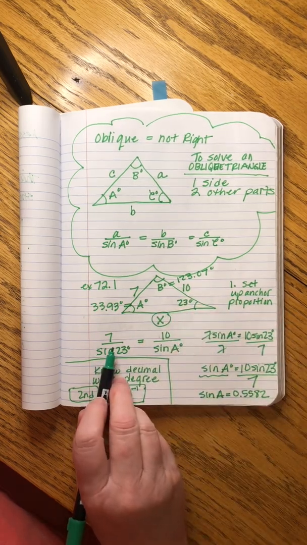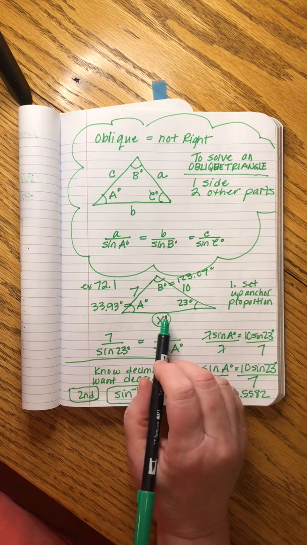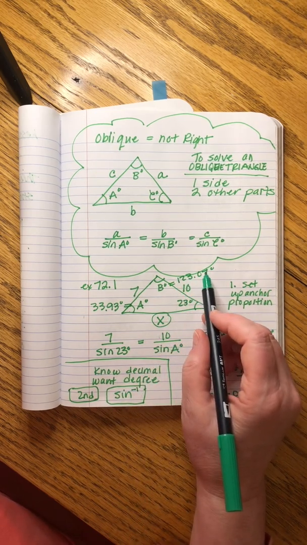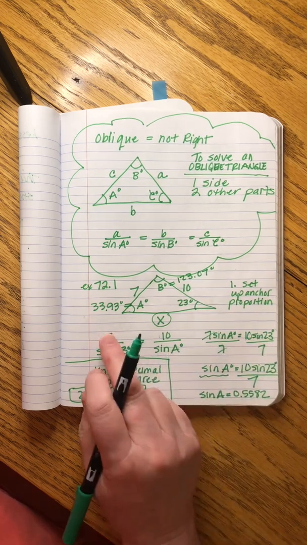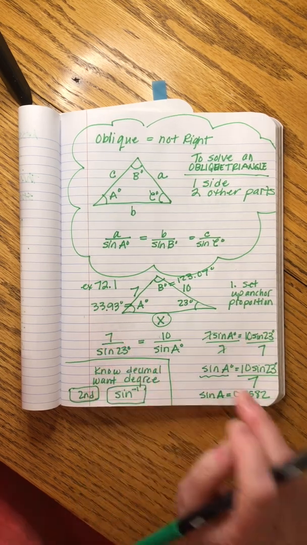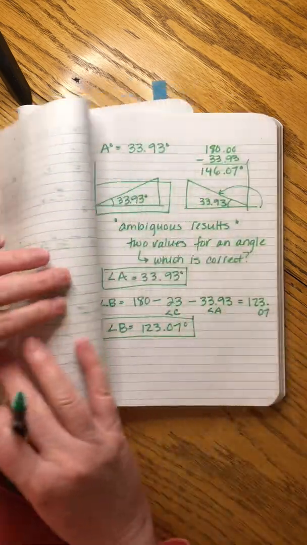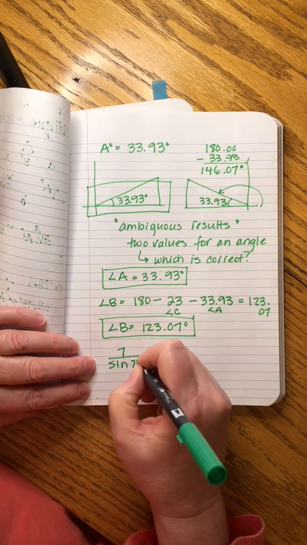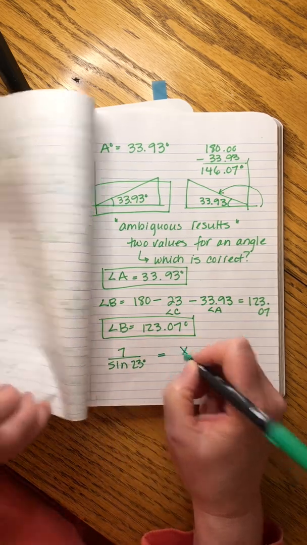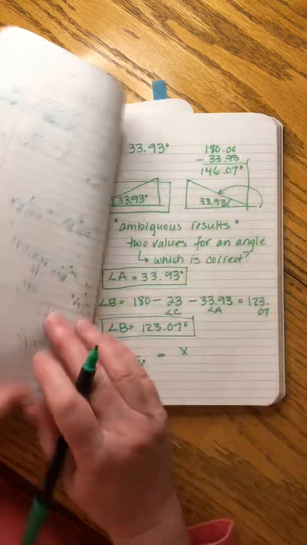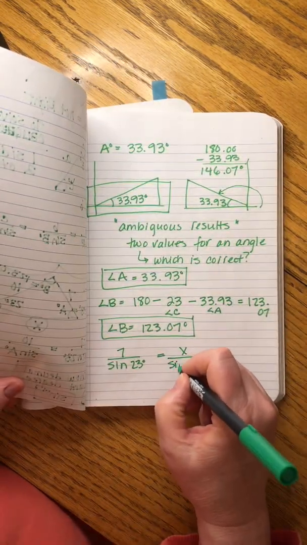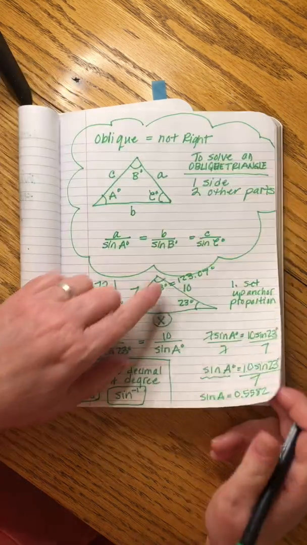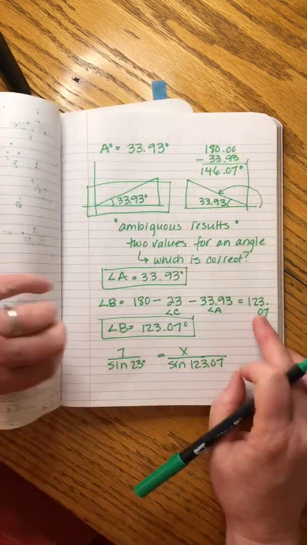We can use our original anchor proportion: x over the sine of 123.07 degrees, set equal to our original anchor proportion, 7 over the sine of 23 degrees equals x over the sine of 123.07 degrees, which is what B turned out to be.